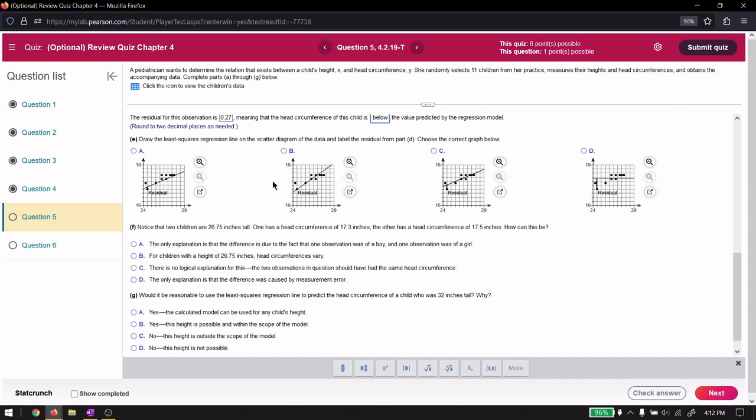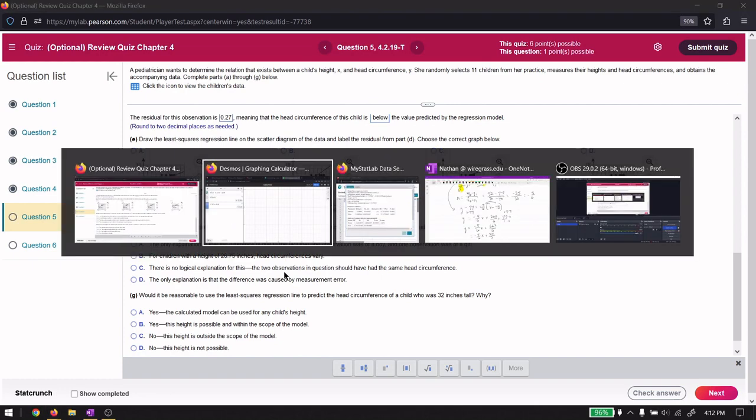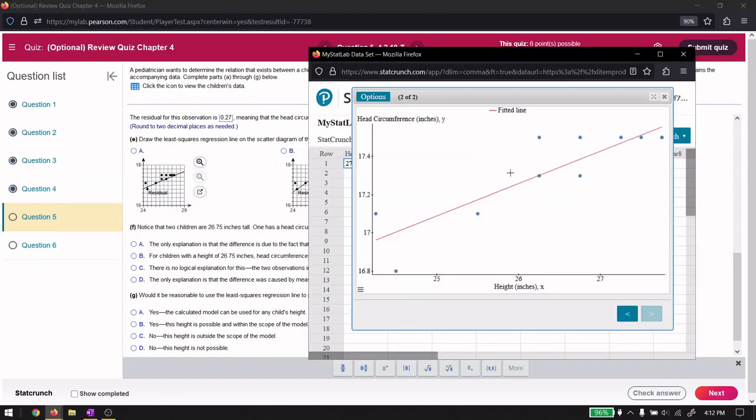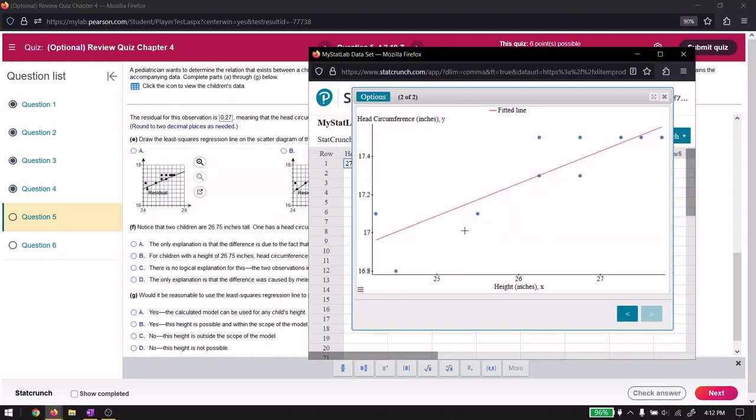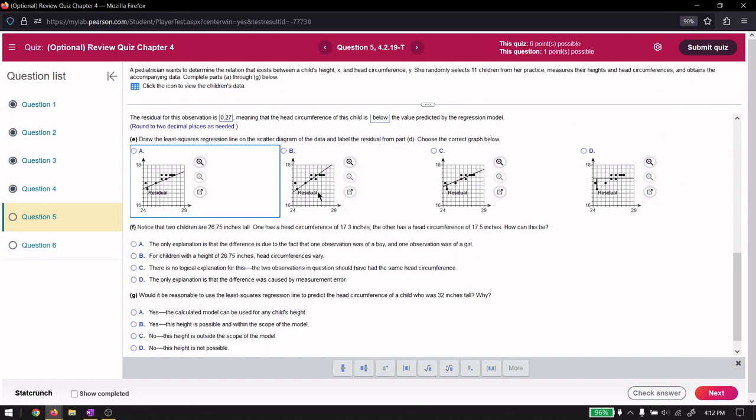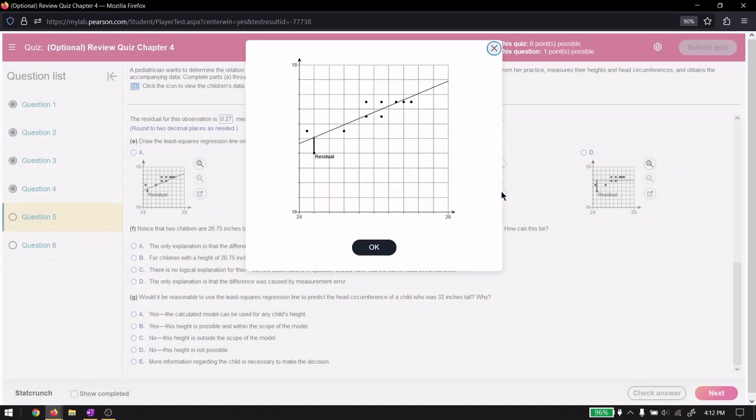Okay, now we're going to draw the least squares line. This is easy to do because StatCrunch already did it right there. Okay, let's graph that. It's not this flat line. It's much more shallow than this line here. What's the difference between A and C?